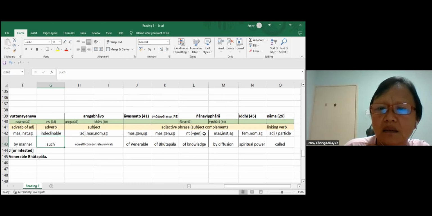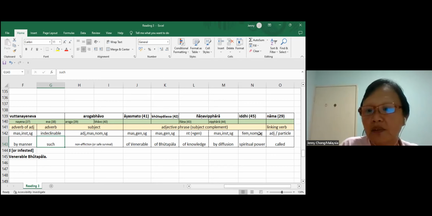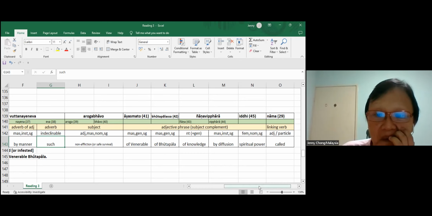Nana is neuter, in genitive because it is translated as of knowledge, and Vipara is masculine instrumental singular, meaning by diffusion. Iddhi is a feminine nominative singular, meaning spiritual power. Nama is a linking word, in Pali either an adjective or particle, translated as called.